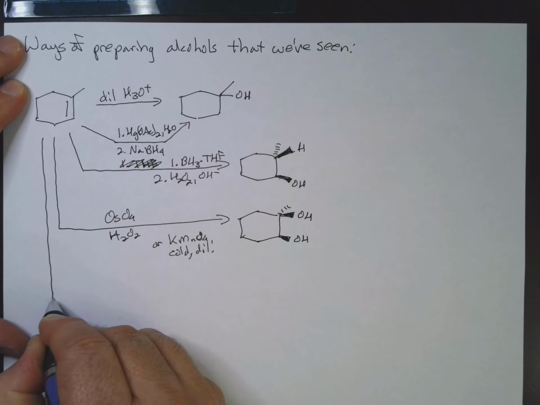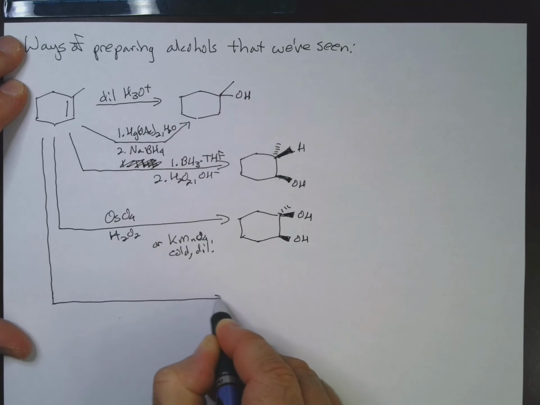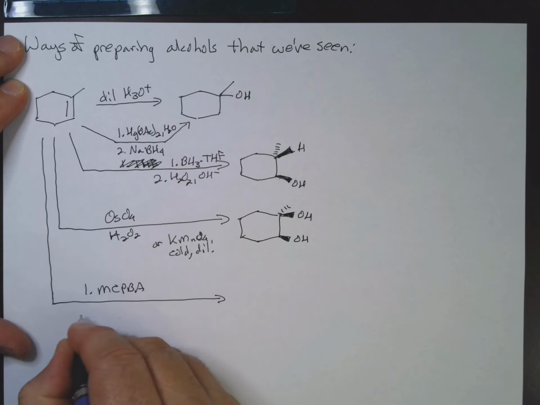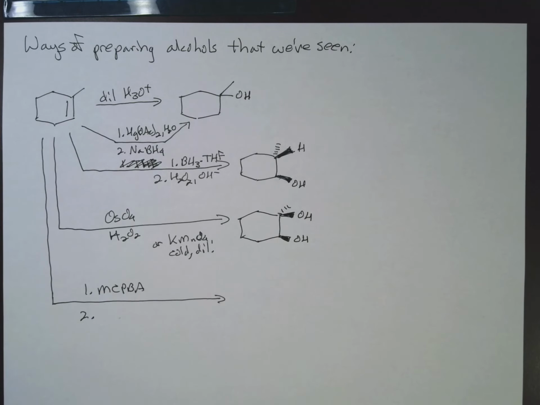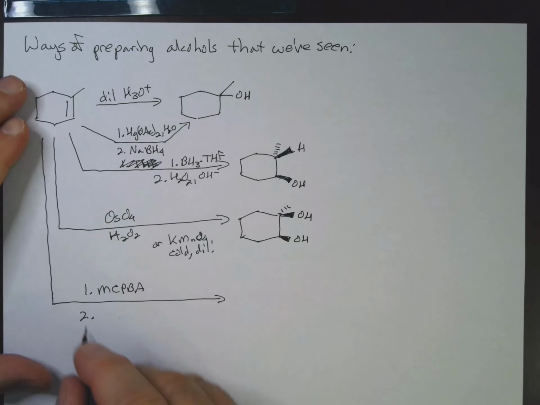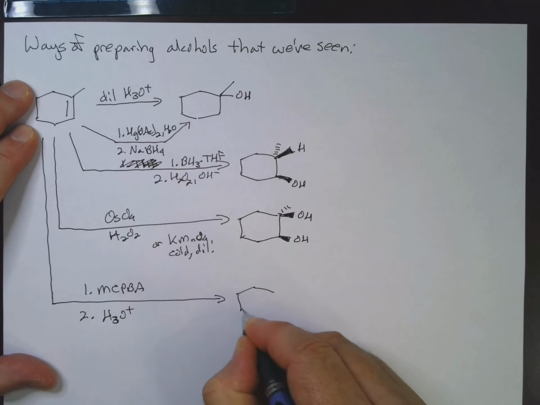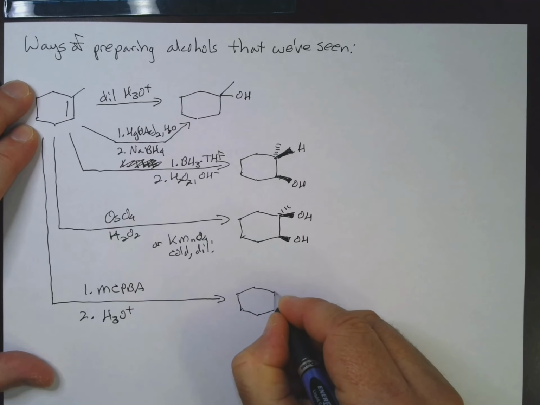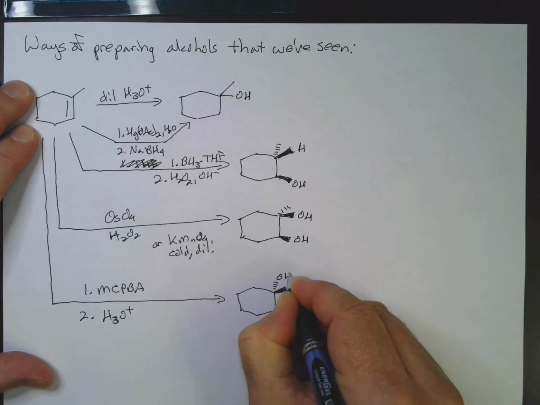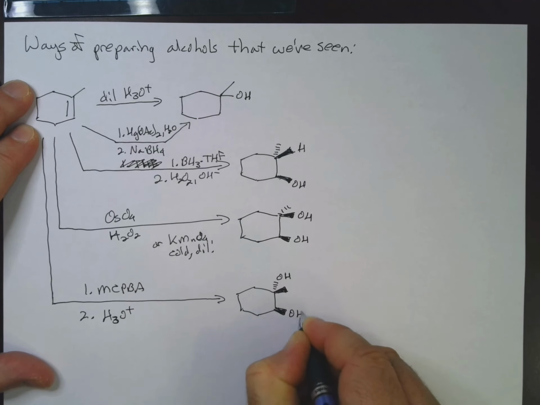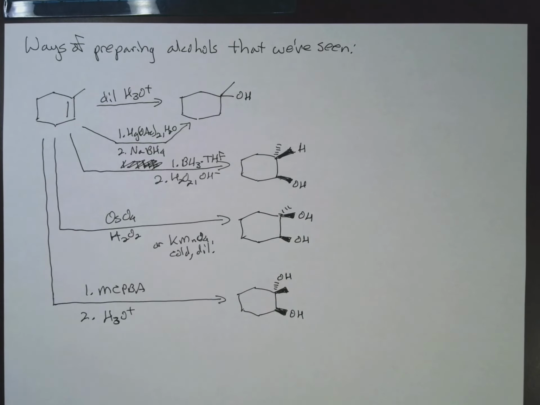And we could do MCPBA followed by H3O plus or OH minus. We'll just do H3O plus, and that will give us now our anti-diol instead of the syn diol. So these are all ways that we've seen so far.